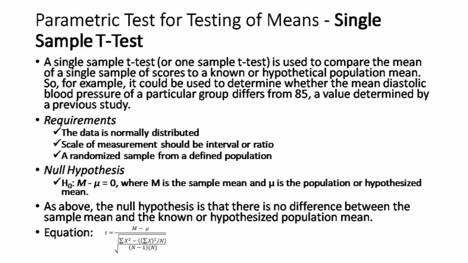In this case, the requirement is that the data should be normally distributed. Scale of measurement should be interval or ratio, since t is a parametric test, and a randomized sample should be taken from a defined population.